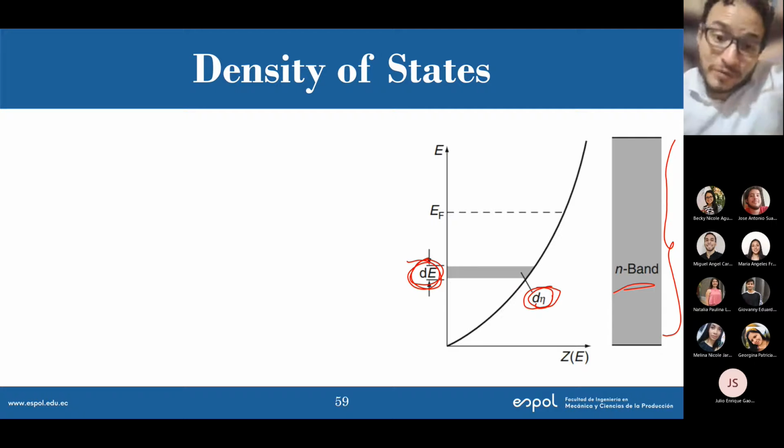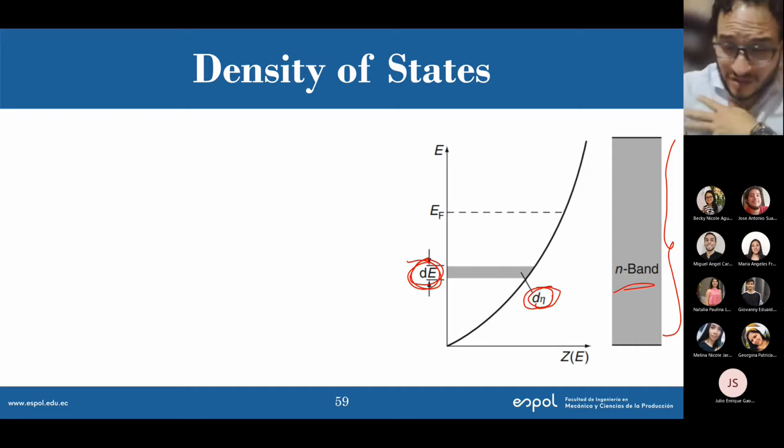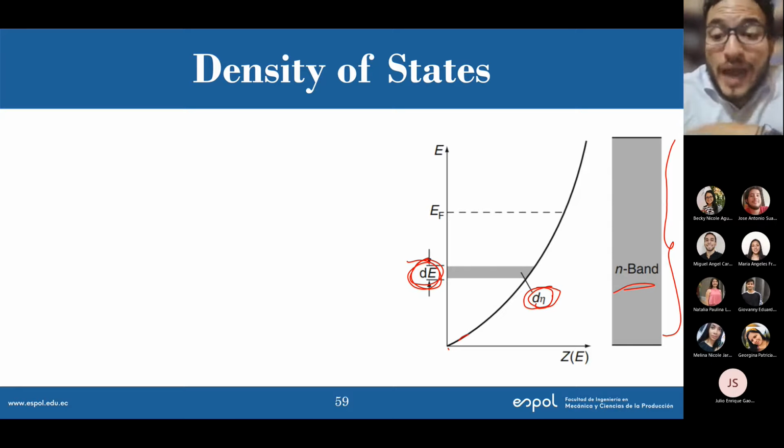At the lower end compared to the upper end, the parabola is expanding as I go up in energy. So at the lower end of the band, I have considerably fewer energy levels per unit energy that are available to be occupied.